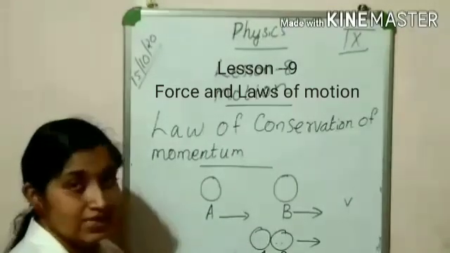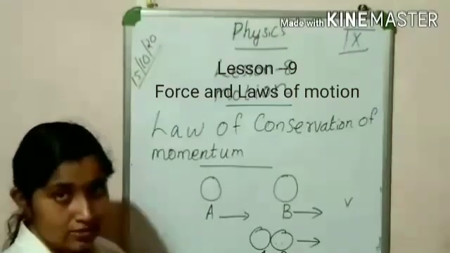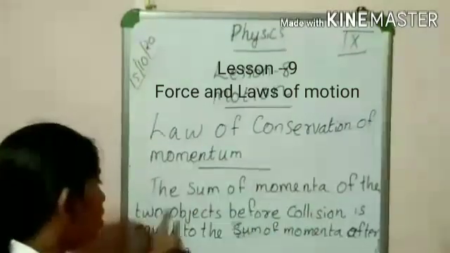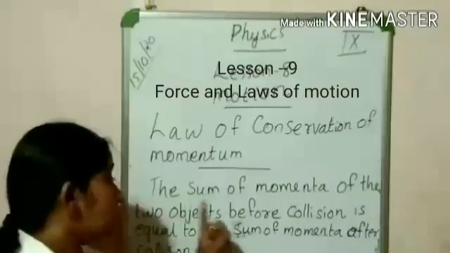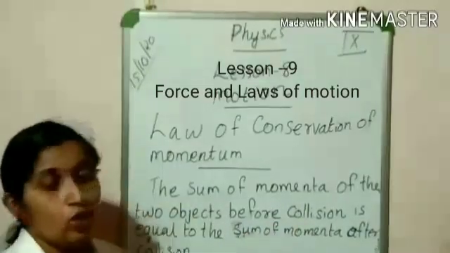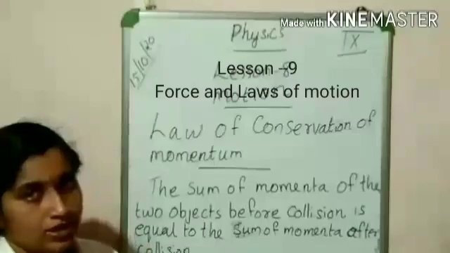From this activity, we conclude that the sum of momenta of the two objects before collision is equal to the sum of momenta of the objects after collision.